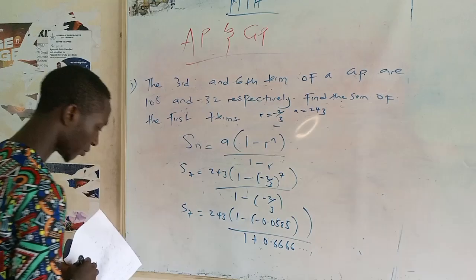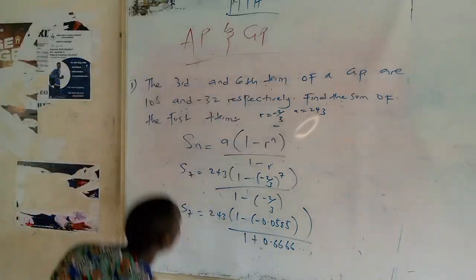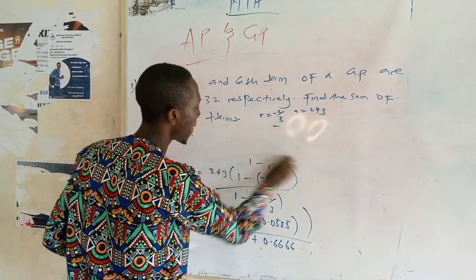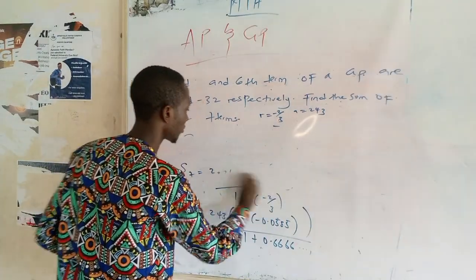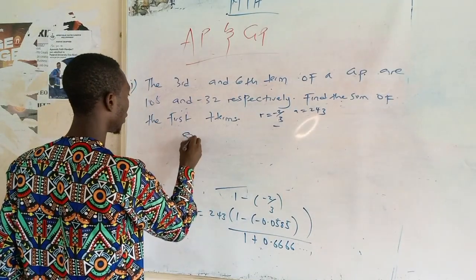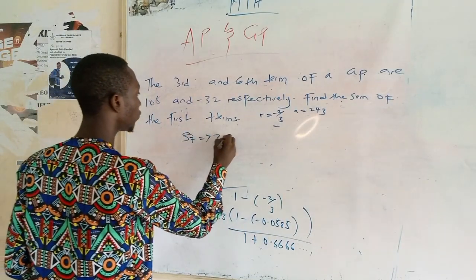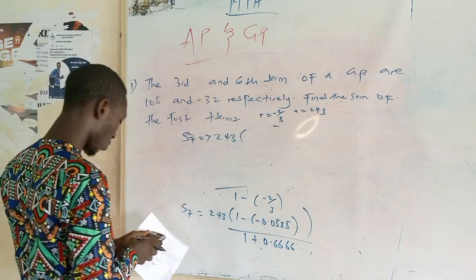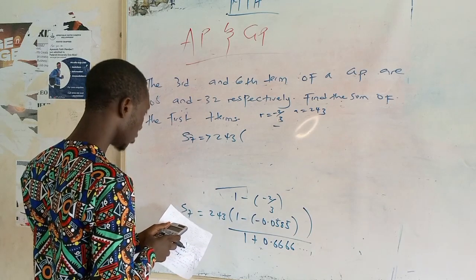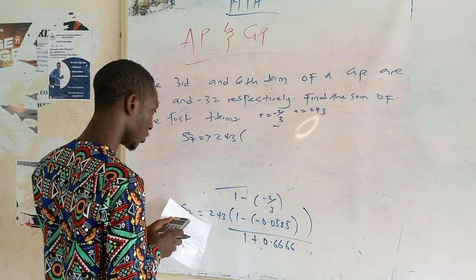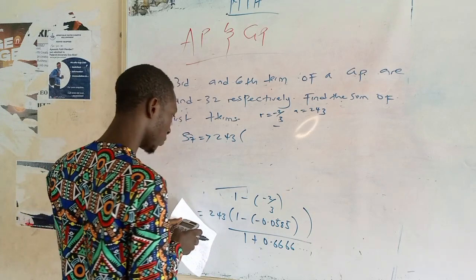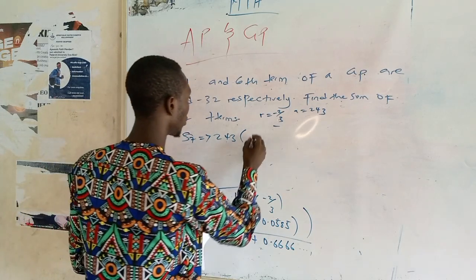So my S7 now becomes 243 open bracket 1 plus, minus times minus is plus, 0.0585. So 1 plus 0.0585 becomes 1.0585.